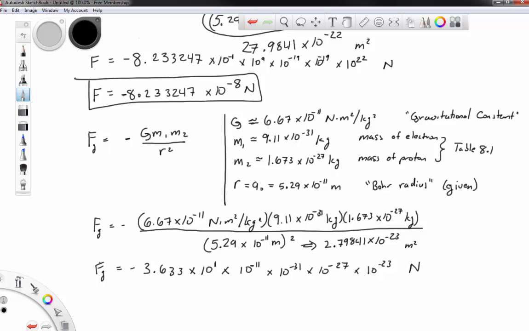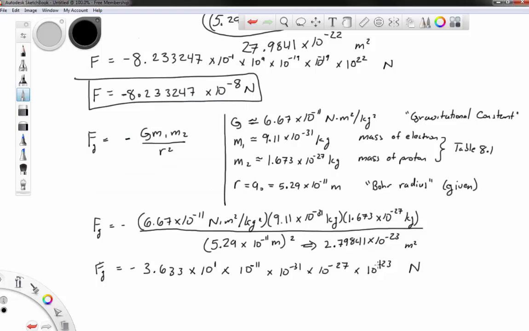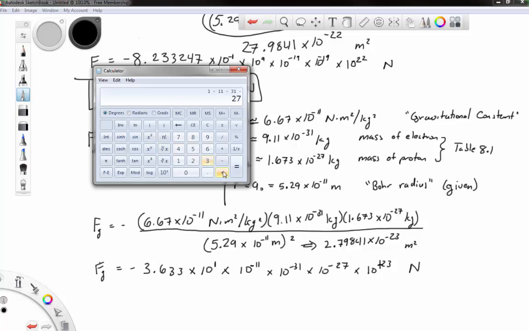Now we've got to do some simple addition again. I'll use the calculator to show you how to put those numbers in, because we're multiplying all these powers of 10. So we have 1 minus 11 minus 31 minus 27, and then this last one is actually a plus 23, because it was in the denominator as a minus 23, so in the numerator it's a plus 23.